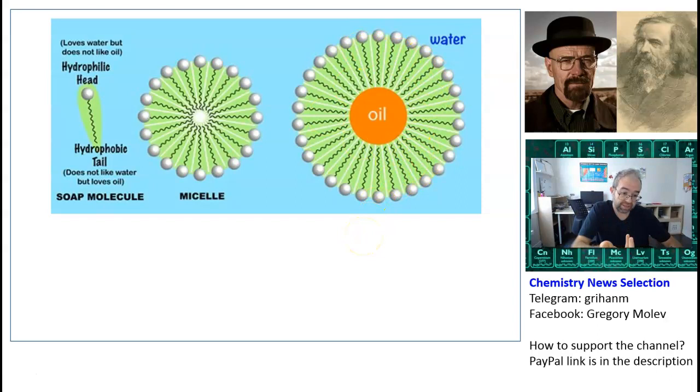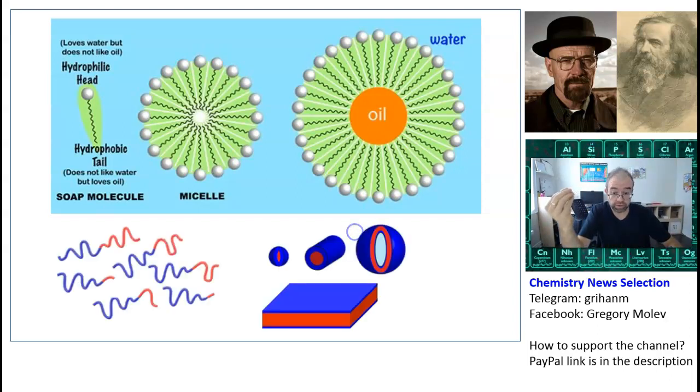Based on this principle, scientists tried to make nanoparticles by self-assembly from block-copolymers. What is block-copolymer? Polymer is a long molecule in which you have repeating units. So let's say you have repeating units which are soluble in water, for example like here, like blue, and repeating units which are not soluble in water, like red.